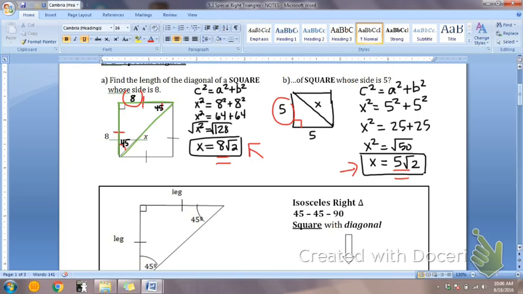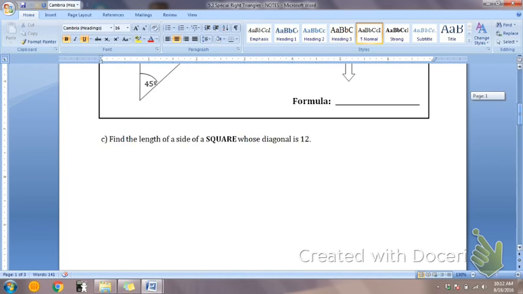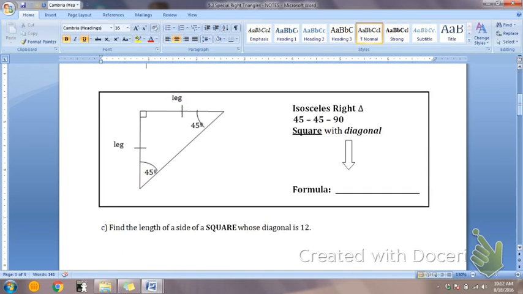Okay, so you guys have this blank down there in that box where it says formula. The formula we're going to write is this. The hypotenuse equals one of the sides, but what do we call the sides of the triangle?